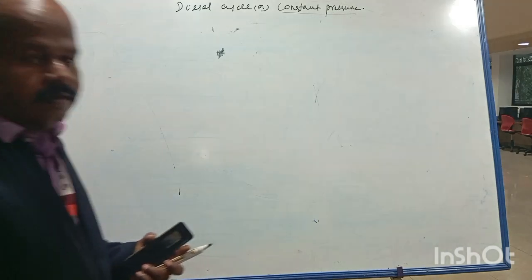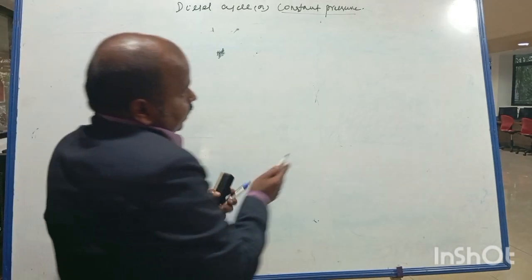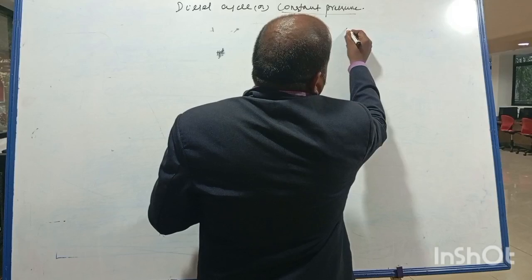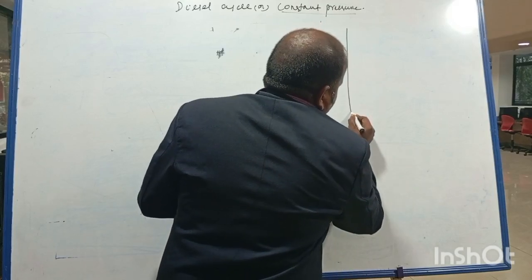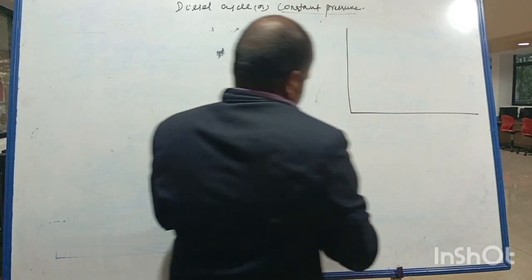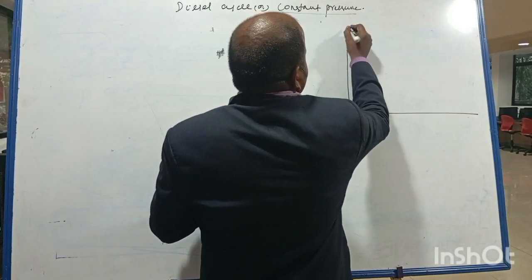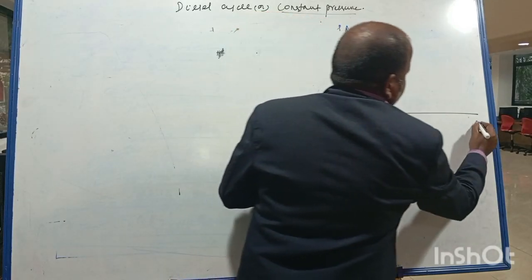So let me explain how the PV diagram comes. Pressure, volume.